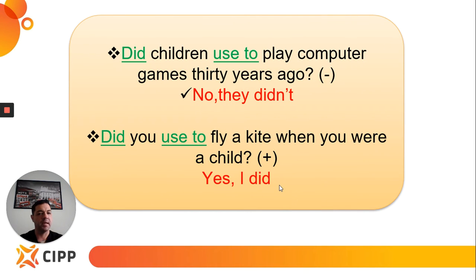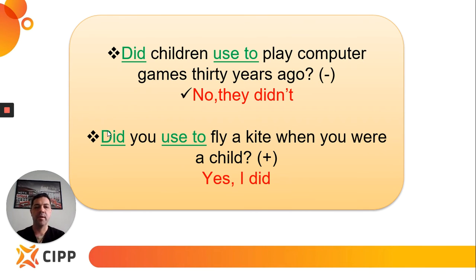Did children used to play computer games 30 years ago? And you have the short answers. No, they didn't. Did you used to fly a kite when you were a child? Yes, I did. So you have the short answers according to the person, according to the question in the past. Always about past habits.